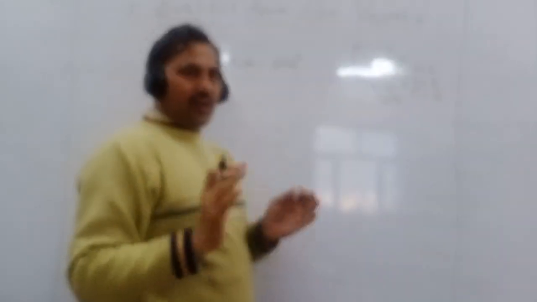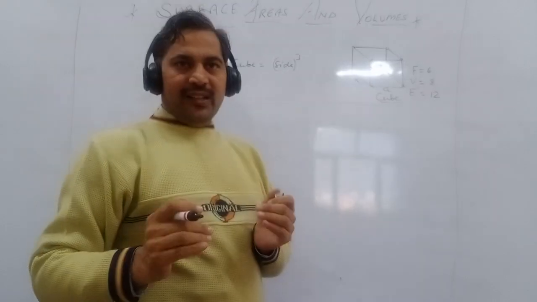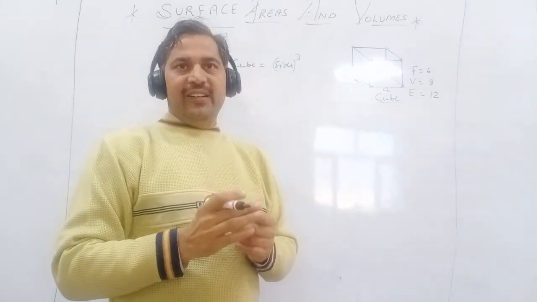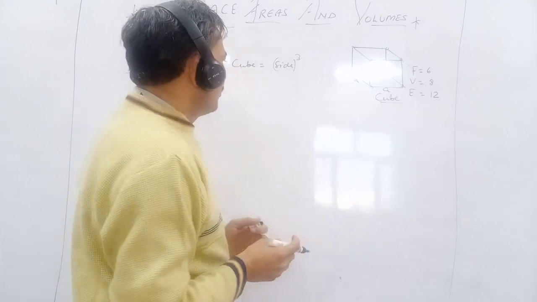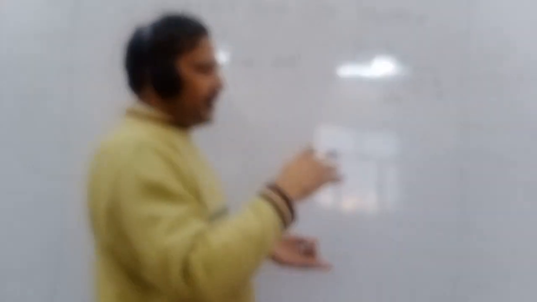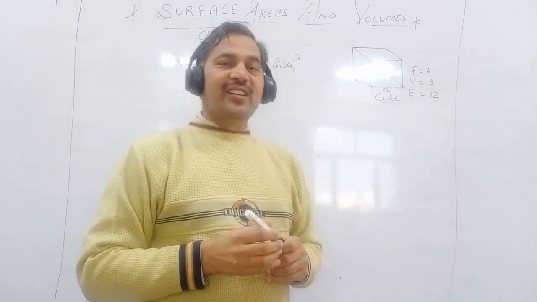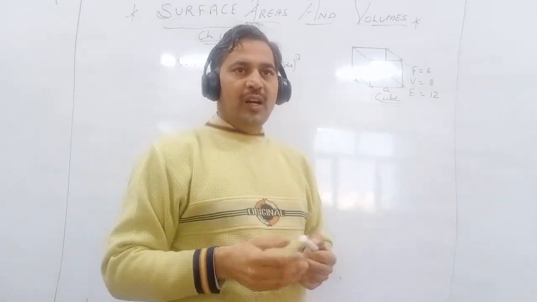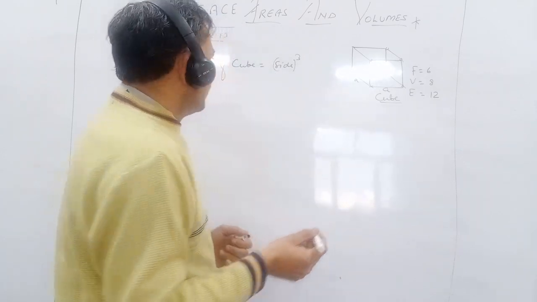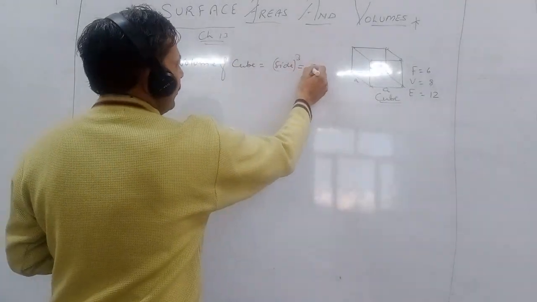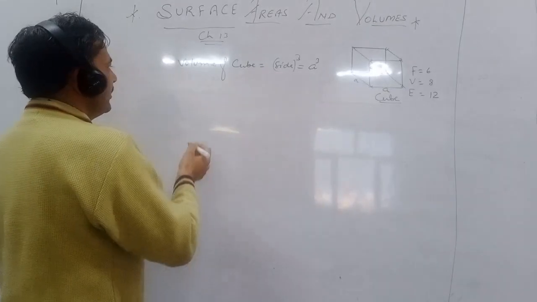The cube is a closed figure having all dimensions equal: length, breadth and height, everything the same. That is known as the cube. So how to find volume? Volume means the space inside the cube, how much air, how much space is there. So we can find it as side cube, a cube units.